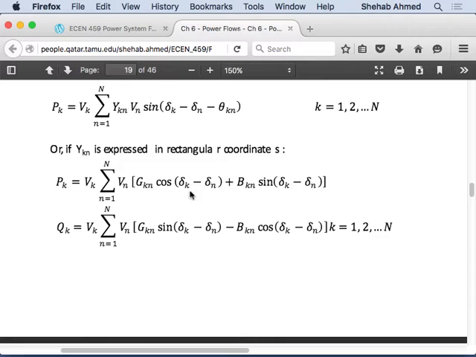If I assume voltages and angles, and I know the impedances, then I can calculate a value for my right-hand side at every single bus. And then I compare it to what I know at that bus. If I know PK at that bus, then I compare PK, which I know, versus my estimate of PK at that specific bus.